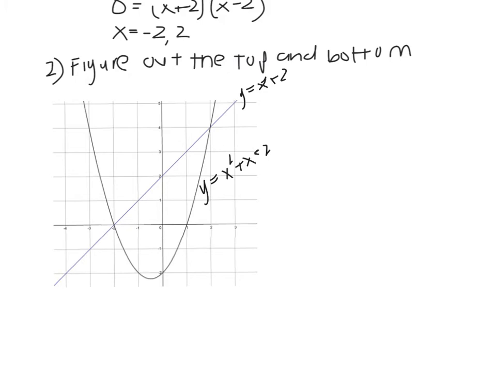And we can see that indeed our linear function is on the top and our parabolic function is on the bottom. And you can see that we have our intersection points at x equals -2 and at x equals +2. So we are right on both of those. We want to find the area between these two curves. So that area is going to be right here, between the top and the bottom.